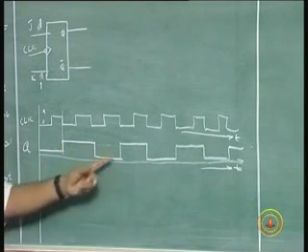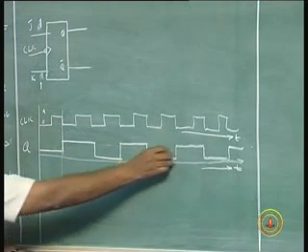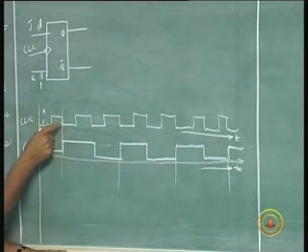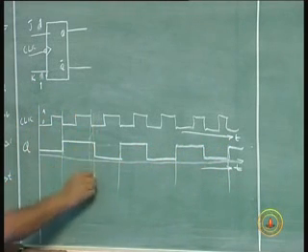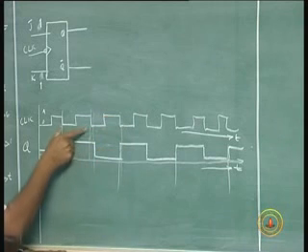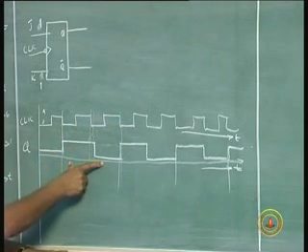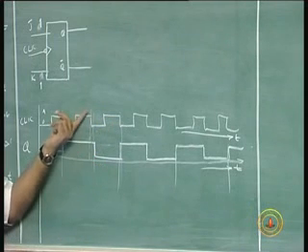So here to here is the period. From here to here is a period. Here to here is a period. And in this case, this is the period. For every 2 clock periods here, this clock period is 1. So we have 1 period for every 2 clock periods of the clock.